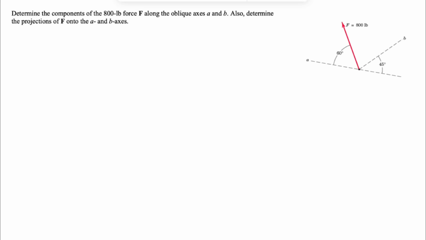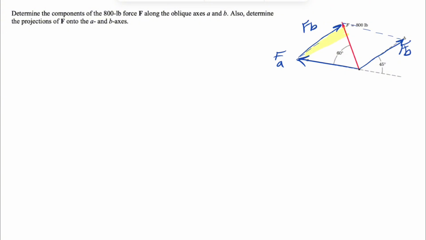If we try to draw a parallelogram in here, this is going to give us the A component, and this will be our B component. And for finding the F, or this will be FB, so here we also have FB2.